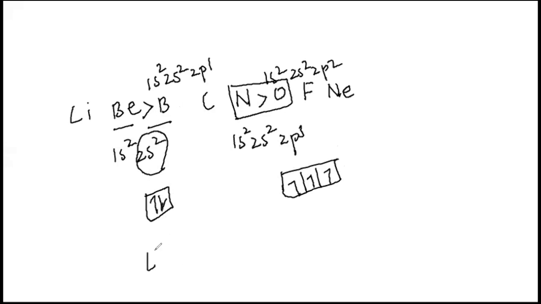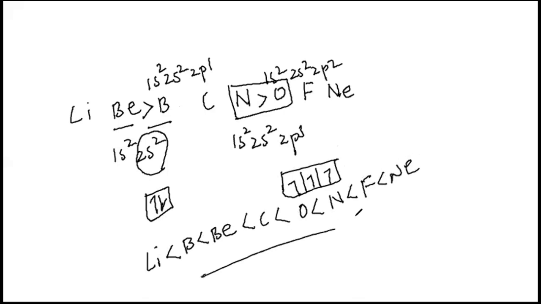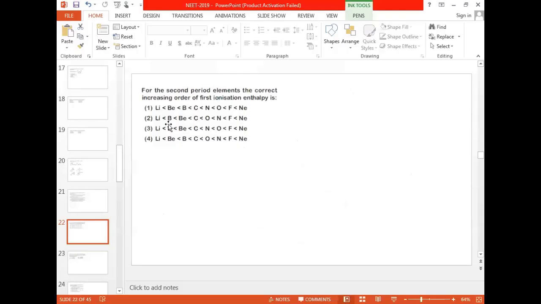Then I can write: lithium less than boron, less than beryllium, less than carbon, less than oxygen, less than nitrogen, fluorine, neon. When we look at the question, this option is available in option 2. Right, that is the reason I'm going with option 2 here.